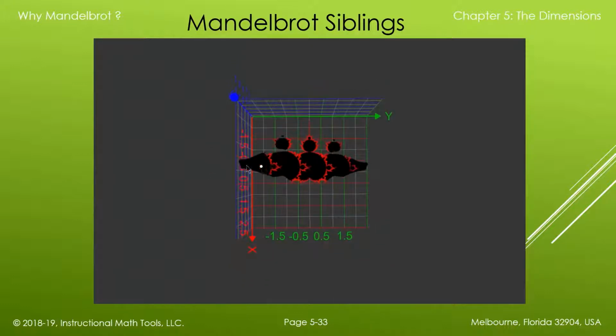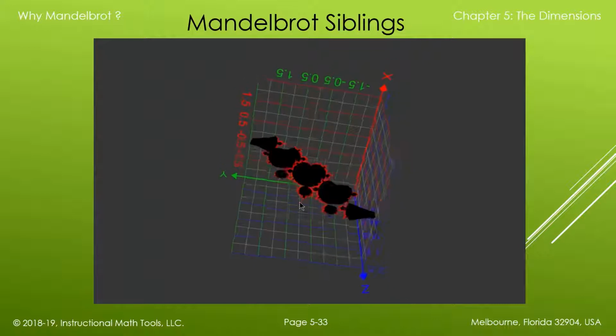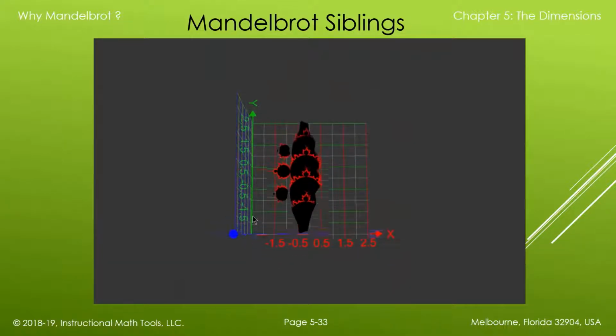It turns into black. And the truth of the matter is that these black pixels go on forever. Okay, they go on forever. Let's pull it back to the original view that we looked at.